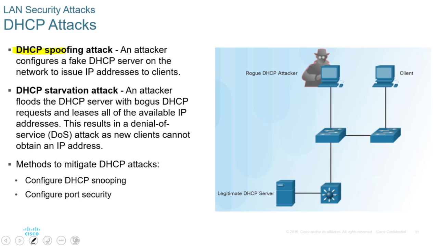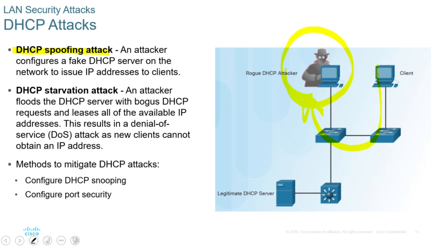So with DHCP spoofing, what happens here is the attacker will pretend that they are a DHCP server. So for example, a client may mistakenly go to this server for a DHCP request, and that may issue some malicious information and things like that. So again, that can be a problem.